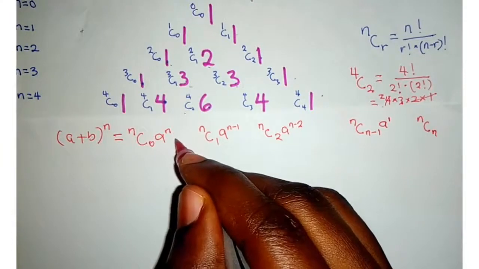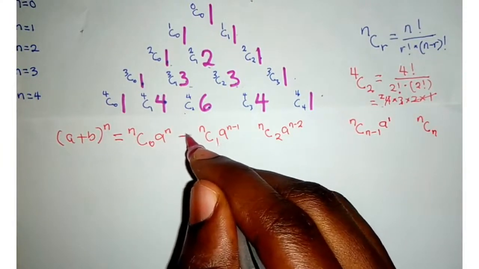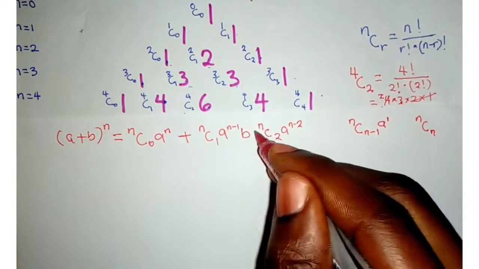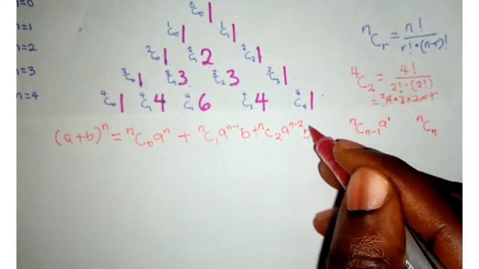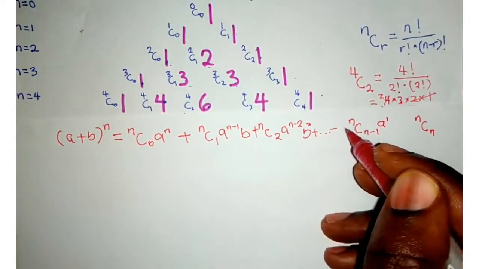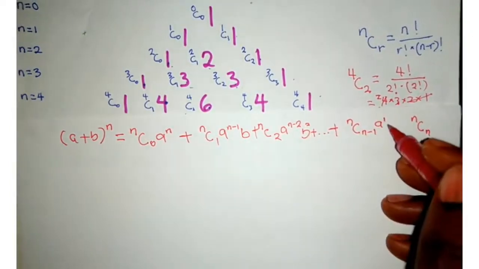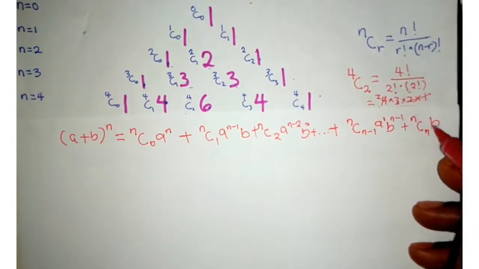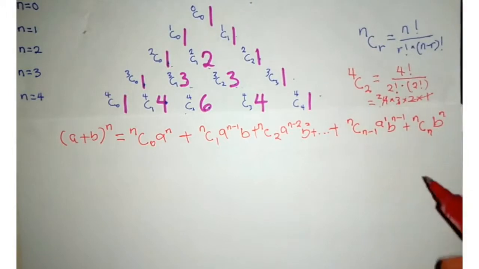So this is b to the power of 0, which is 1, plus b to the power of 1, plus b to the power of 2, plus up to b to the power of n minus 1, plus b to the power of n.